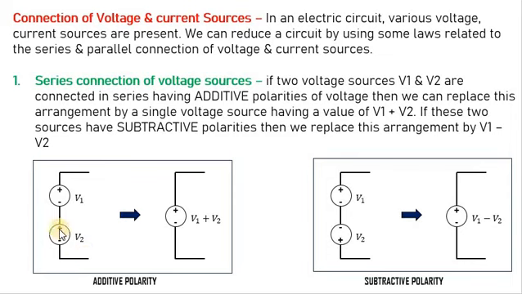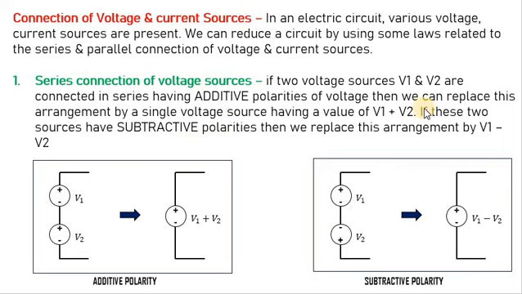While I am applying KVL in this circuit, for both the voltage sources V1 and V2, either I am going from minus to plus in both cases, or if I am going in the reverse direction, I am going plus to minus in both. That means the polarity is the same in both the voltage sources.